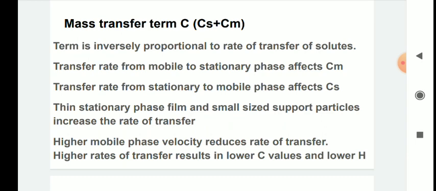This rate of transfer should be fast. If that is the case, then your mass transfer term C will be lower. If the rate of transfer is less, then your C term will be higher. Transfer rate from the mobile to the stationary phase affects Cm. Transfer rate from the stationary to the mobile phase affects Cs.